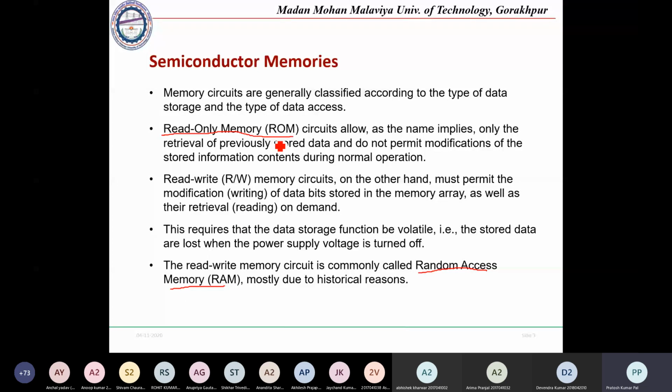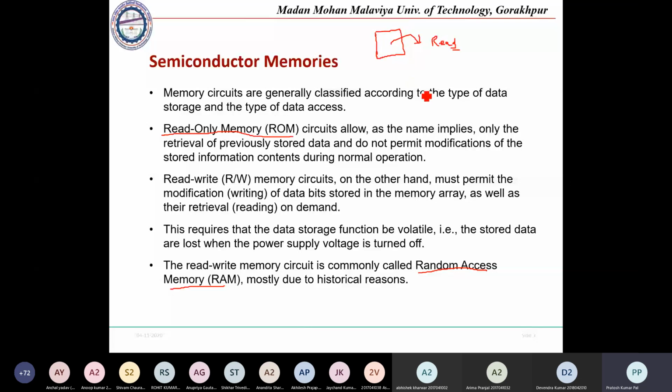Okay. So read only memories, as the name suggests, we can only read the data from this type of memory. Whatever data we have written onto this memory, we can only read it. Once we have written a particular data, that cannot be changed or altered; this is called a read-only memory.